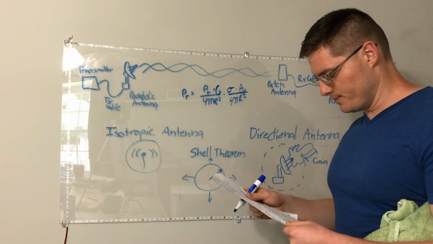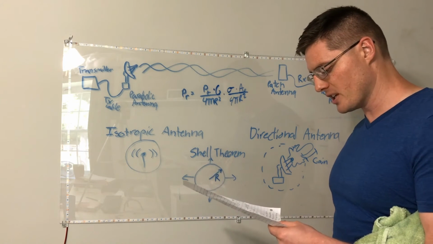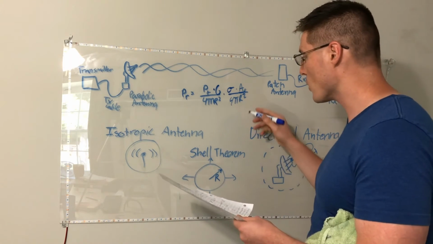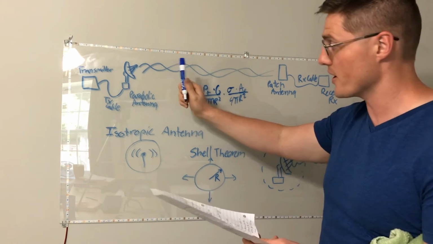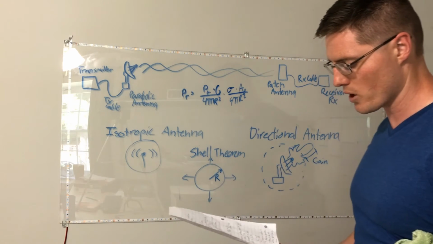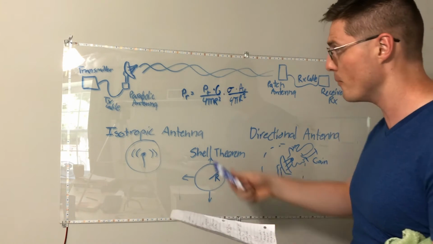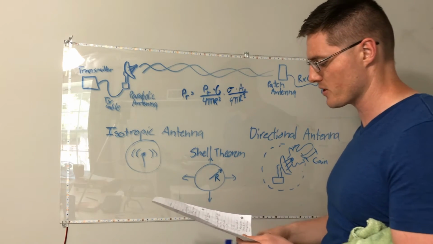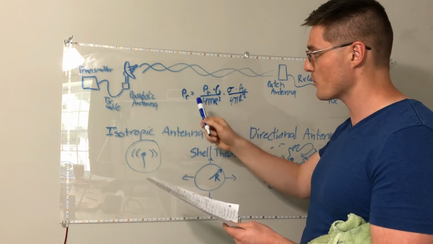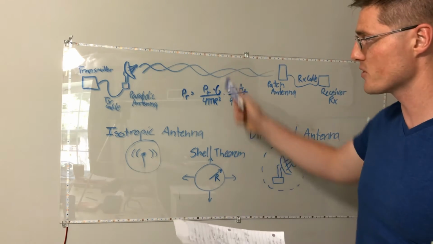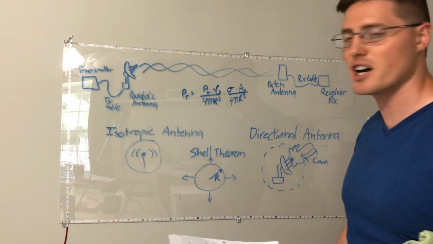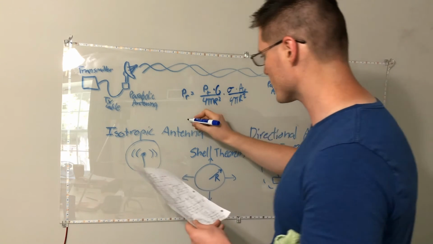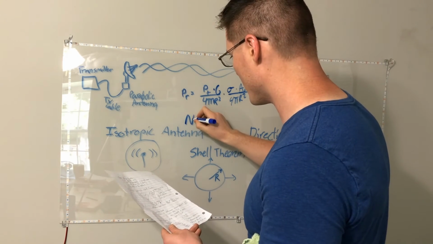And so we also need to be concerned with the total losses that are inherent to the system. We also have to be concerned with Boltzmann's constant, and the noise bandwidth of the receiver, so the background noise like cosmic rays and other things like that. And that will help derive the bottom part.